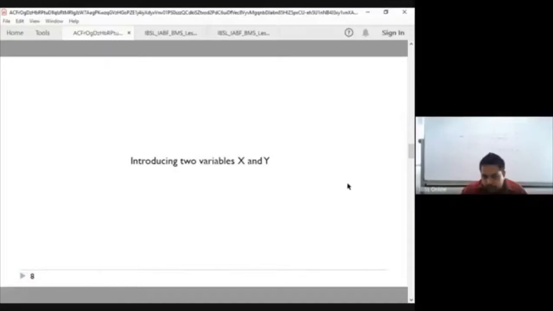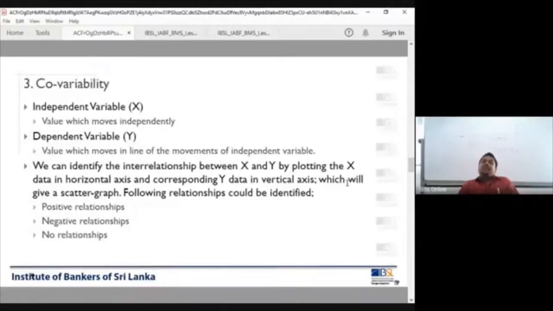Whenever we have two variables of a given data set, which will have two variable values, we could identify the covariability of such data sets or data points or data observations. Again, I reiterate, when we have two variables of an observation, we could observe the covariability.